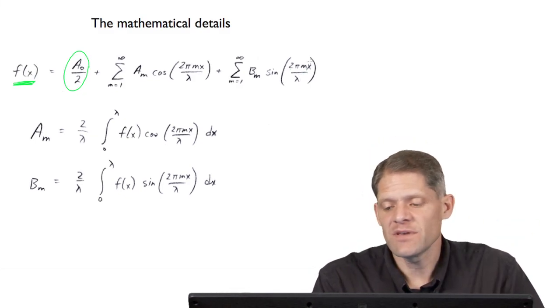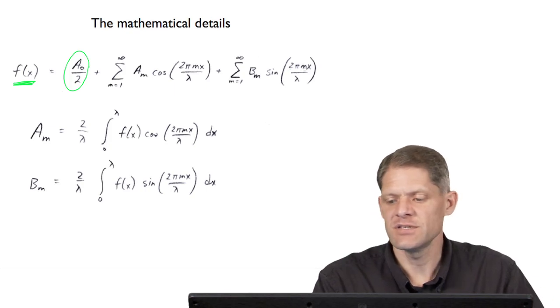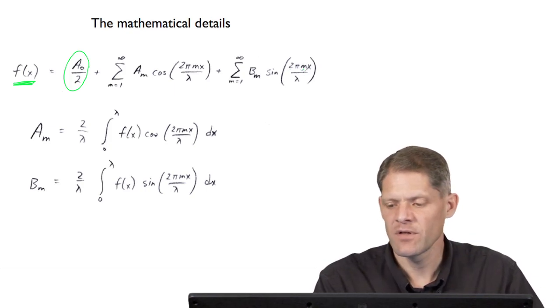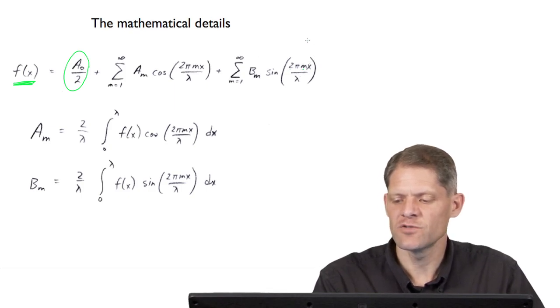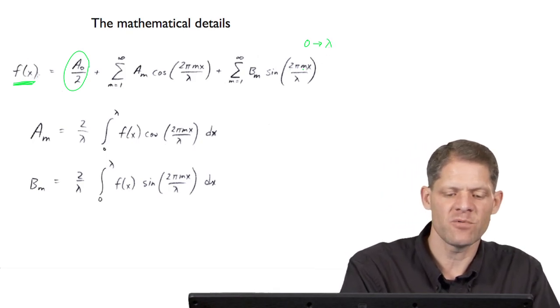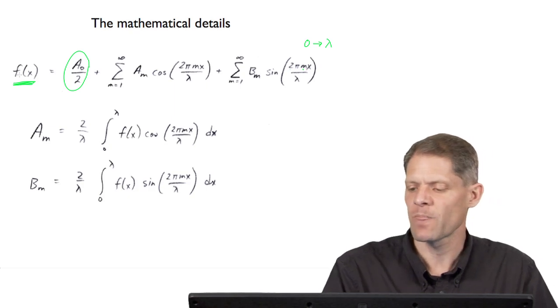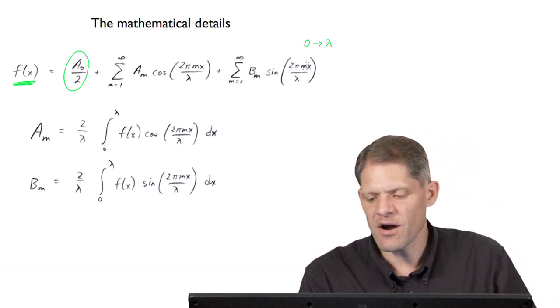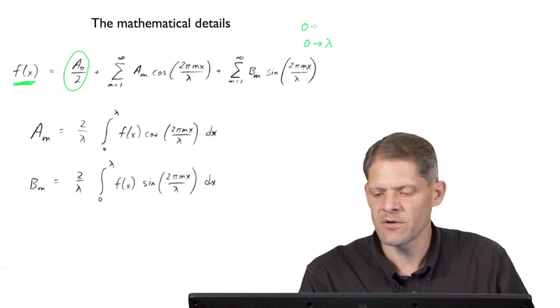So what this means is that if, for instance, m was equal to 1, because it's the first sine wave that we're trying to generate, as x goes from 0 to 1 full wavelength, wavelength being the period of that original function that we're trying to reproduce. So x will go from 0 to that wavelength. Then the argument of sine, you see, will go from 0 to 2 pi.